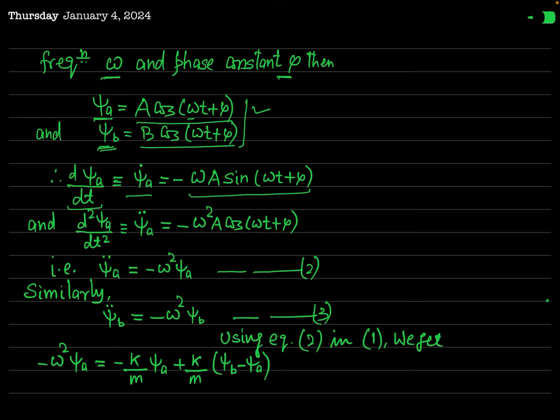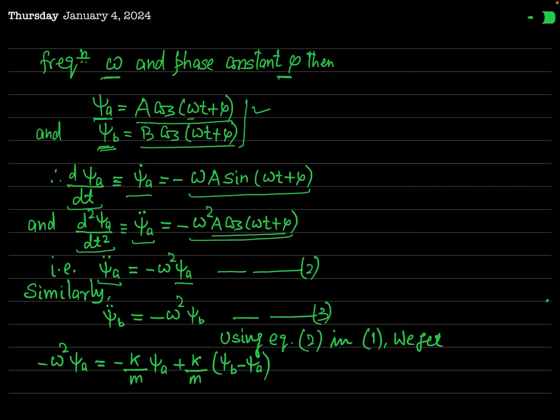And so when you find d²ψA by dt squared, which is ψA double dot, that will be equal to minus omega squared A cos(ωt plus φ). But this A cos(ωt plus φ) is equal to ψA, so instead of that I have written ψA. So ψA double dot equals minus omega squared ψA.